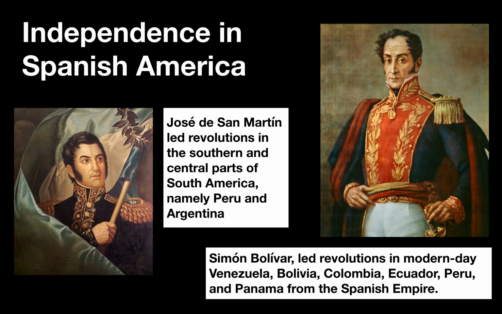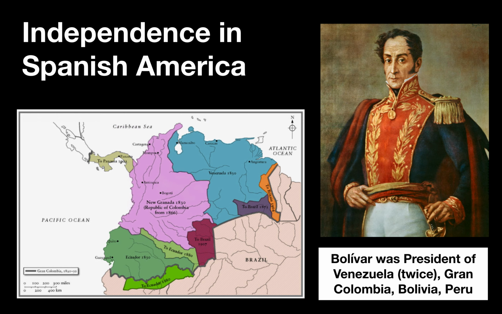So Simón Bolívar leads revolutions in the north part of South America, and José de San Martin leads in the southern part. There's a lot of other leaders, but these are two of the main ones, right? And they are eventually successful after wars and different rebellions, movements. They successfully take control of almost all of South America.